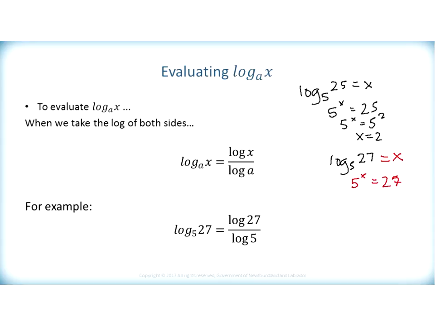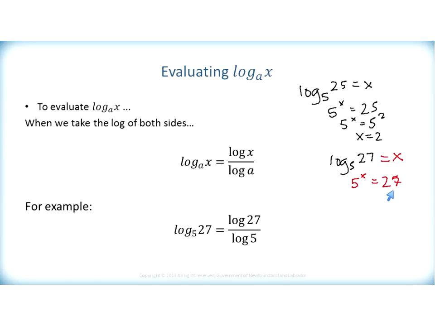Now I cannot write 27 as a base of 5, although I do know that it is somewhere around 2, since 5 to the 2 is 25, and I have 5 to an unknown giving me 27. The answer for x is somewhere around 2. How would I proceed? Well, we can take the log of both sides to preserve equality in the equation.